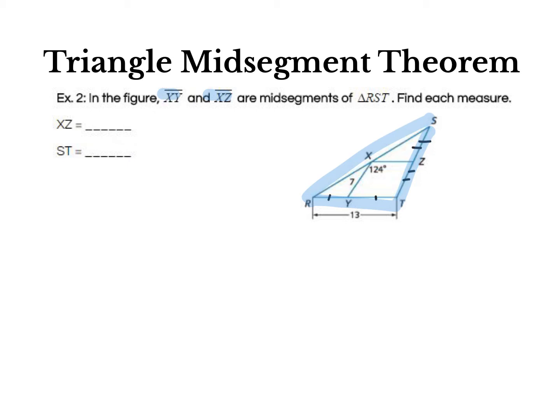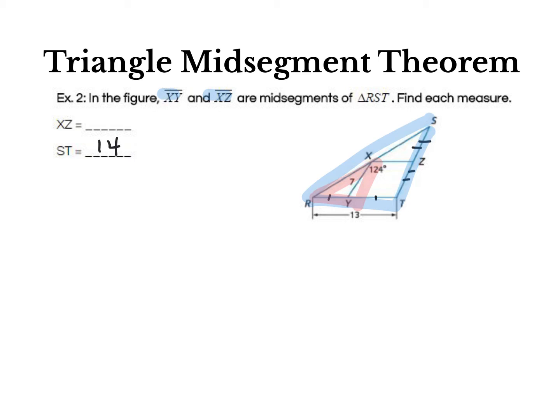That small triangle is going to be half of the other triangle because the segments here get cut in half. So if I know that this length right here is 7, all I have to do to find ST is multiply it times 2. I double it because this will be half of this. So 7 times 2 is 14.